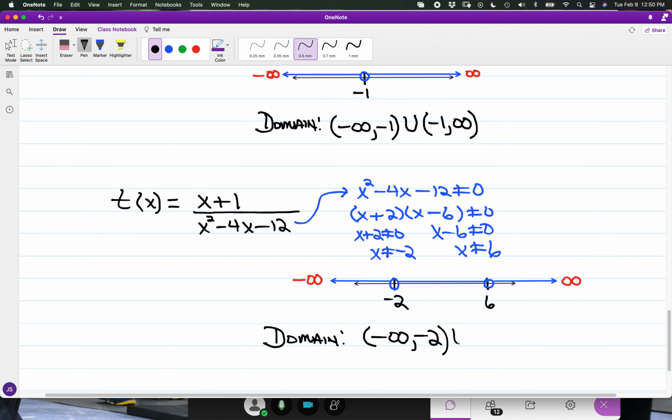Then those values between -2 and 6, but not including either of those terms. And for the remainder, those values of x greater than 6. So that'll be the makeup of the domain of t of x, expressed in interval notation.